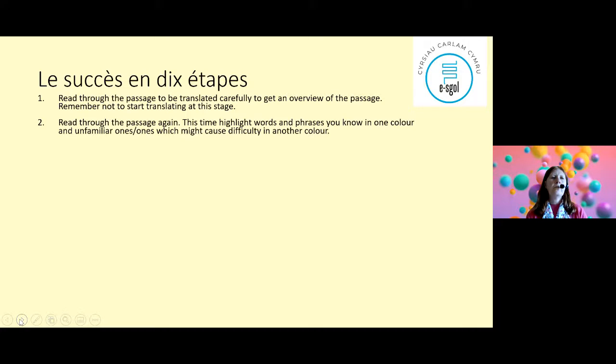Number 2, read through the passage again. This time, highlight words and phrases you know in one colour and unfamiliar ones or ones which might cause difficulty in another colour. Number 3, now read through the passage again and look at the verb tenses, adjectives, connectives, adverbs, etc. and underline these.